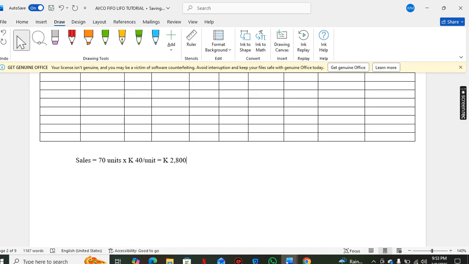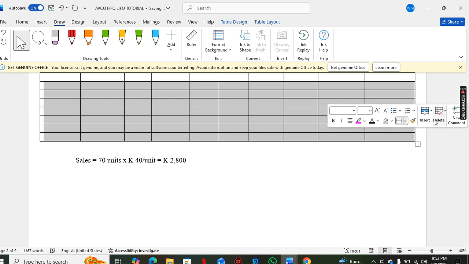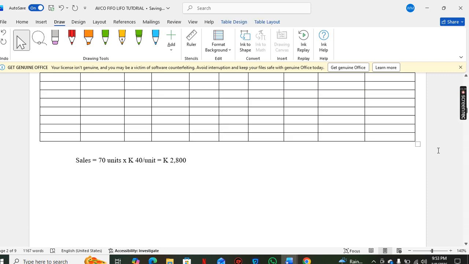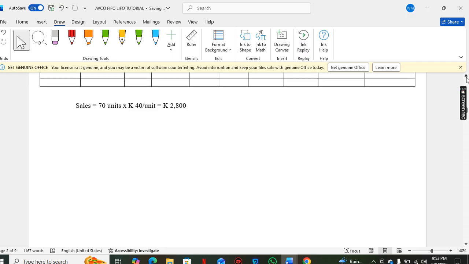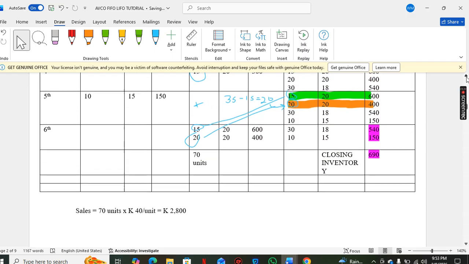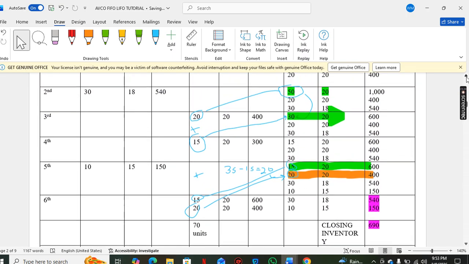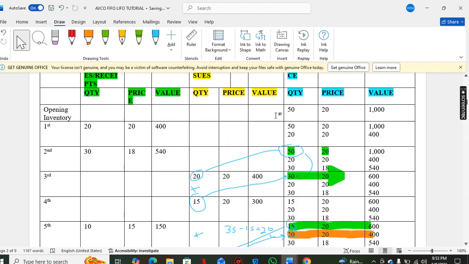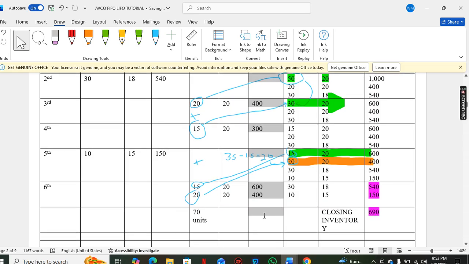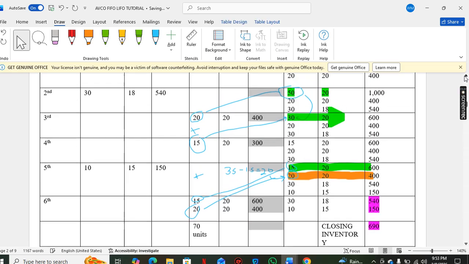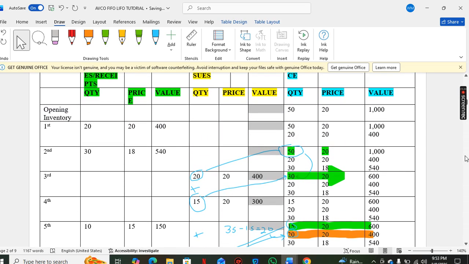That's the sales revenue. Get the number of goods that were sold and multiply it by the selling price. Then the cost of goods sold. Under this value section for the sales, remember we are valuing the inventory at cost.